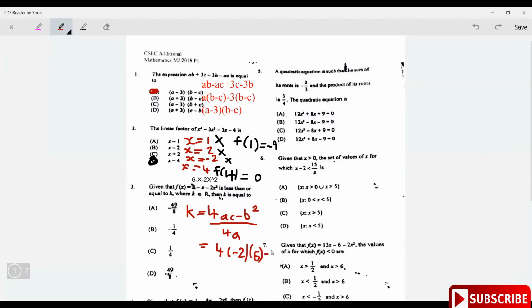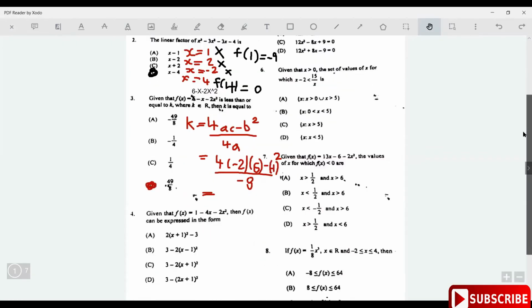B is negative 1, so it's minus negative 1 squared, over 4a, which is over 4 times negative 2, which is negative 8. So when you put it in a calculator, you get 49 over 8, which is option D. Nice and easy, sweet.